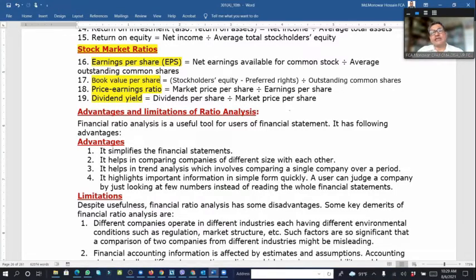Price earning ratio we can calculate as market price per share divided by earning per share. Dividend yield we can calculate as dividend per share divided by market price per share.